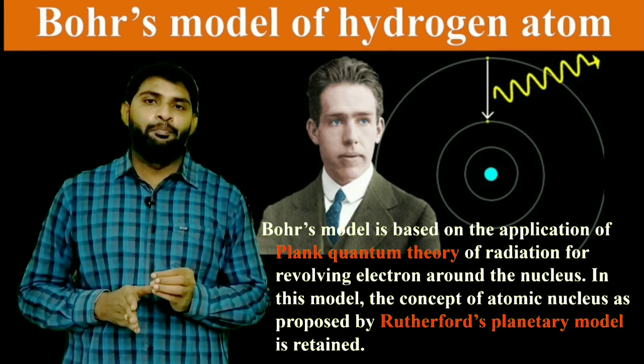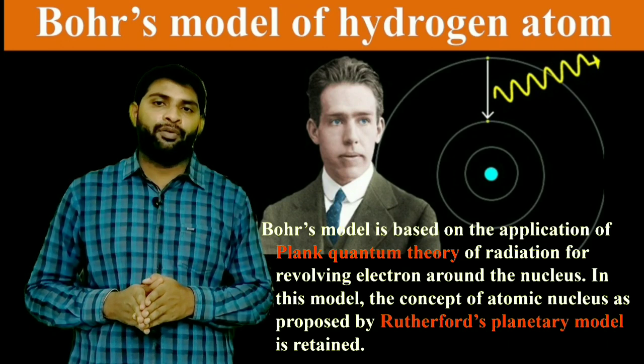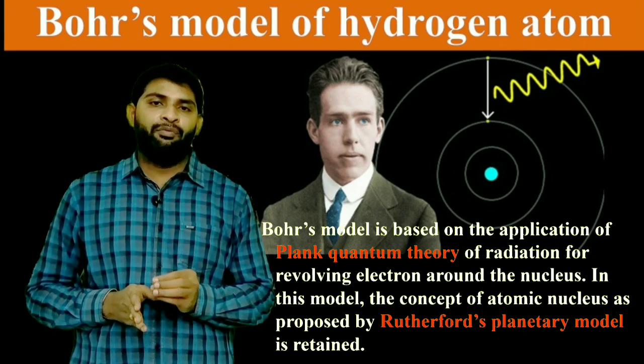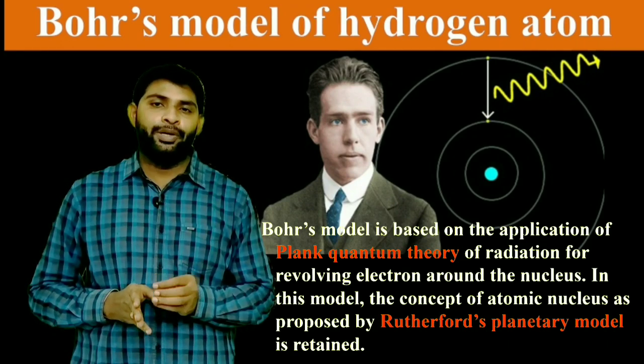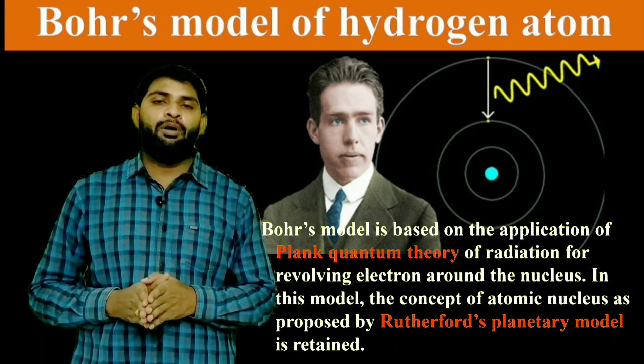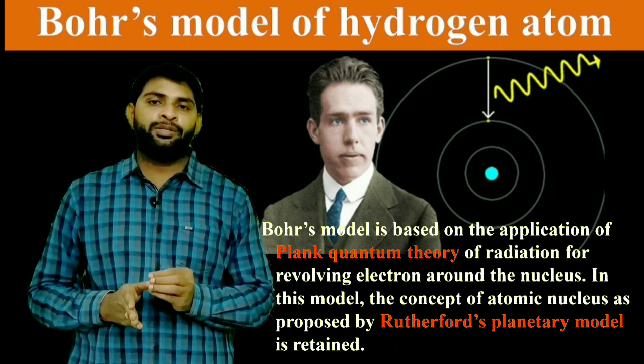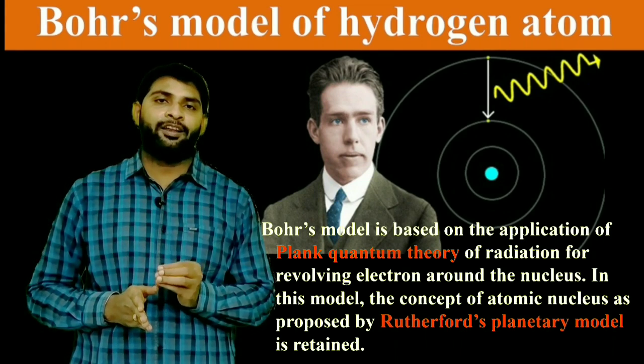Bohr's model is based on the application of quantum theory of radiation for the revolving electron around the nucleus. In this model, the concept of atomic nucleus as proposed by Rutherford's planetary model is retained.